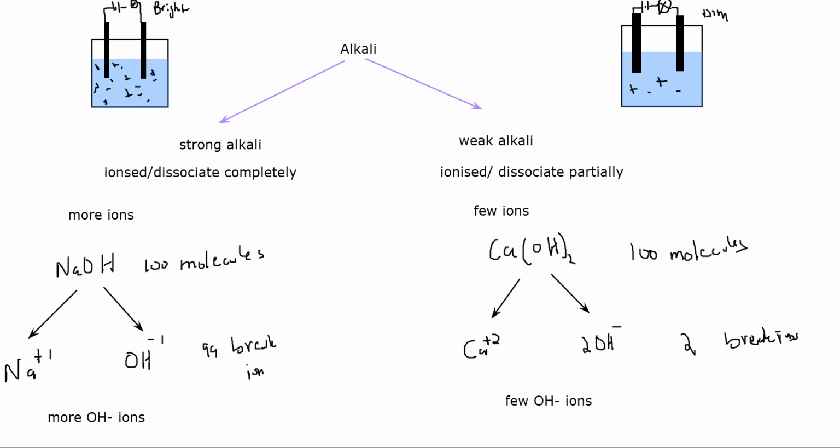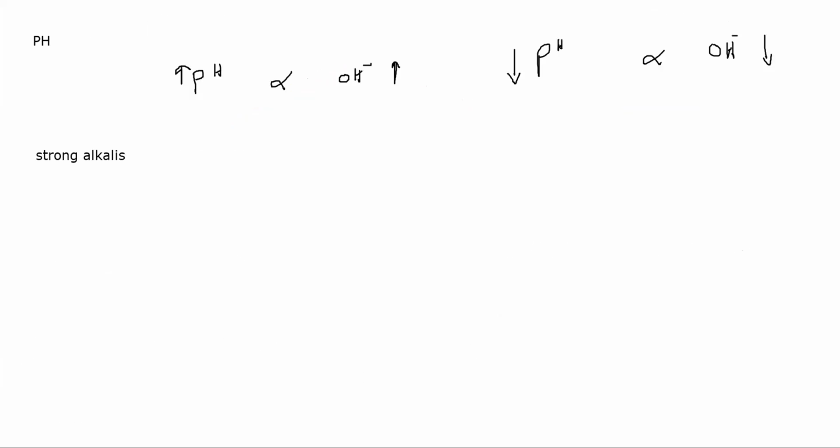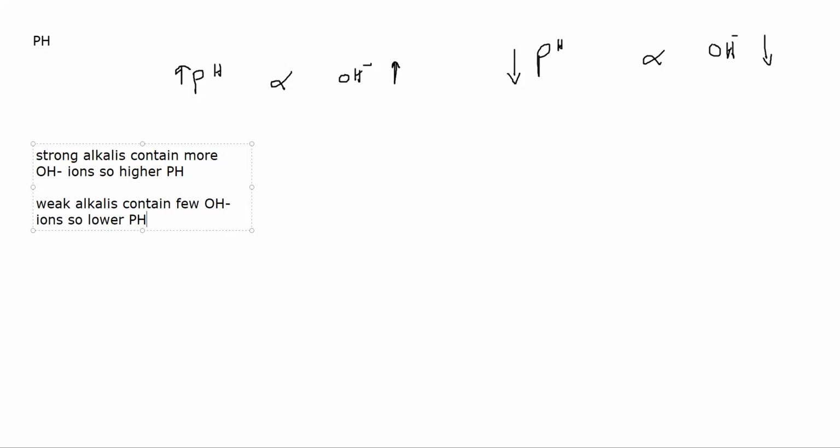Yes, you can take the screenshot. So strong alkalis, if an alkali is strong, it contains more OH ions, so it will have a higher pH, and weak alkalis contain few OH ions, so they will have a lower pH.